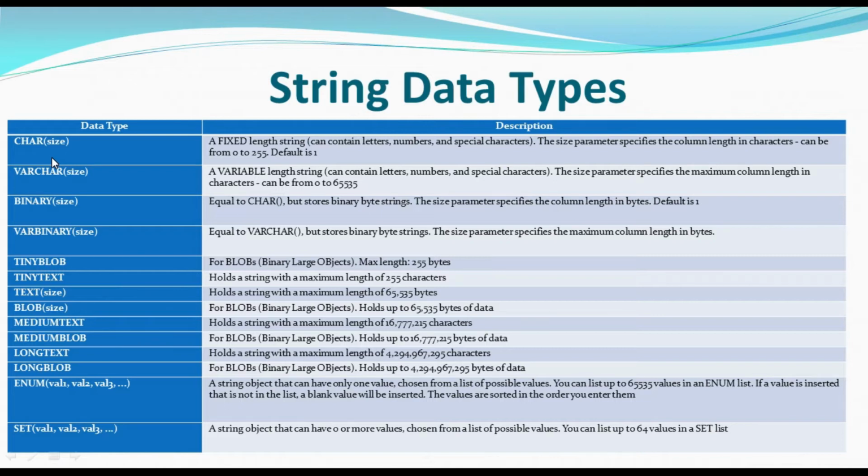Then we have variable characters, which take numbers, letters, and special characters, and can take up to 65,535 characters. Then we have binary, a lot of them, tiny blob. You can take your time to read through the descriptions to understand.